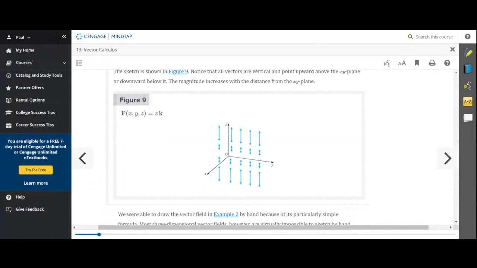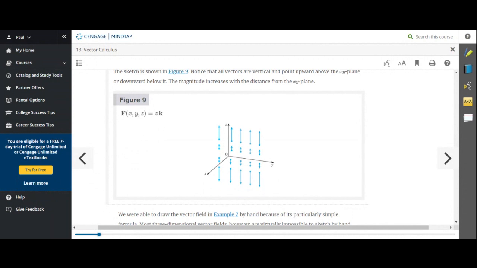Okay, if you have the vector field given by z times the k vector, well, that is what the vector field looks like. Now notice as we move away from the xy plane, either up or down, the vectors are growing larger in magnitude.